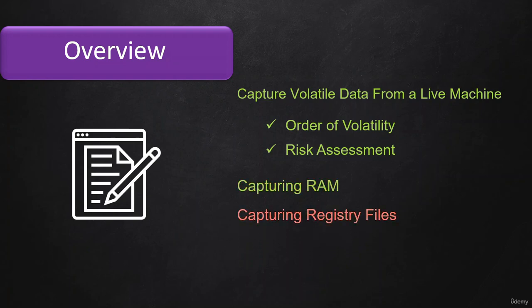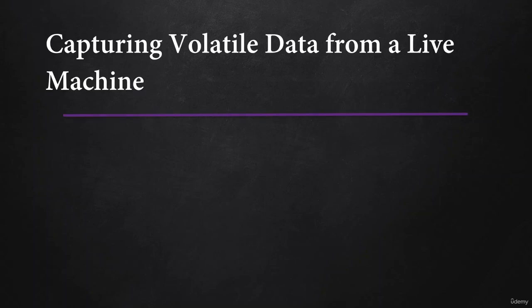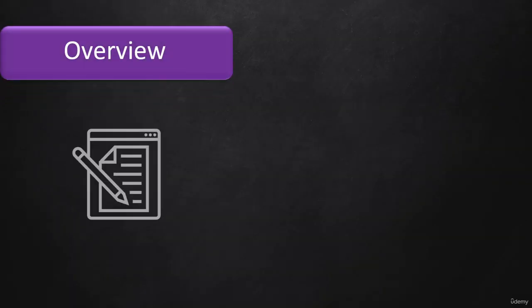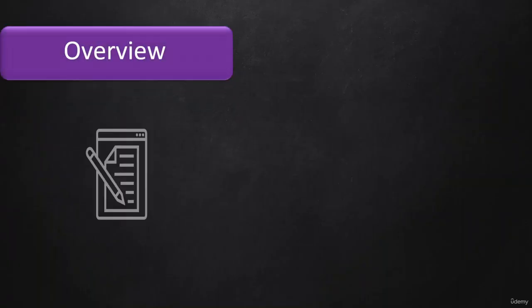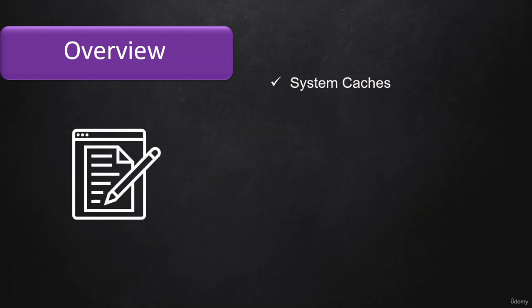So first and foremost, let's discuss this. Capturing volatile data from a live machine means it is very important to highlight that we are talking about the order of volatility from a local live machine. This would also of course include things such as system caches and network caches, and of course the RAM, random access memory.